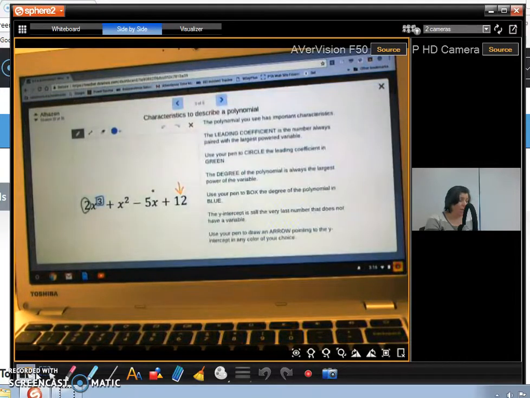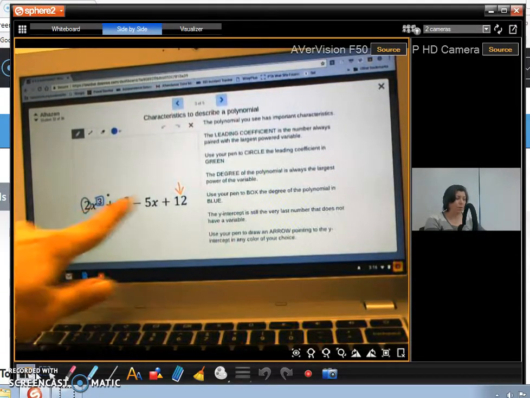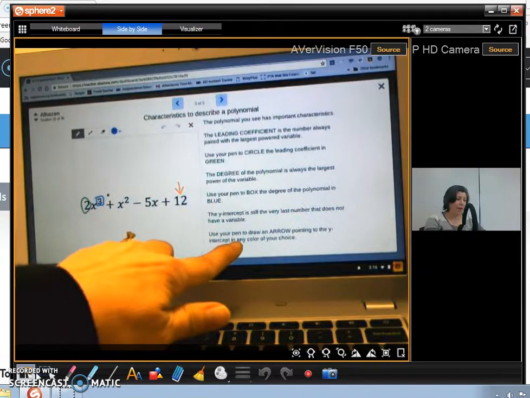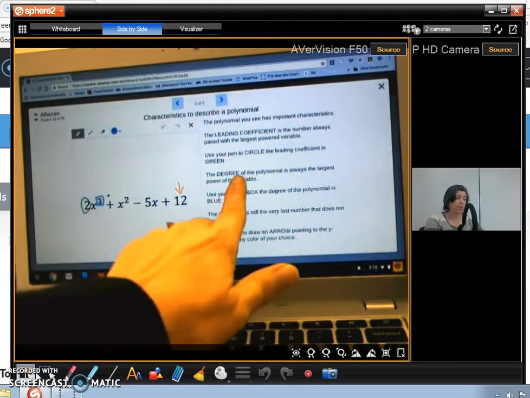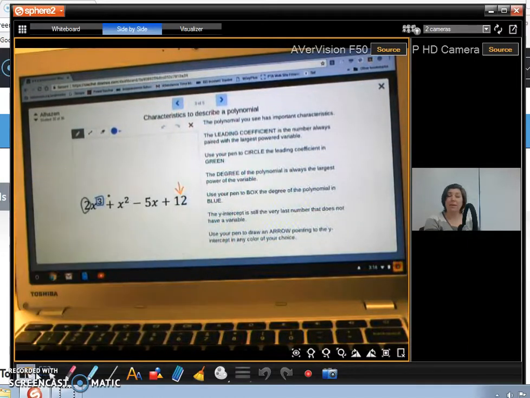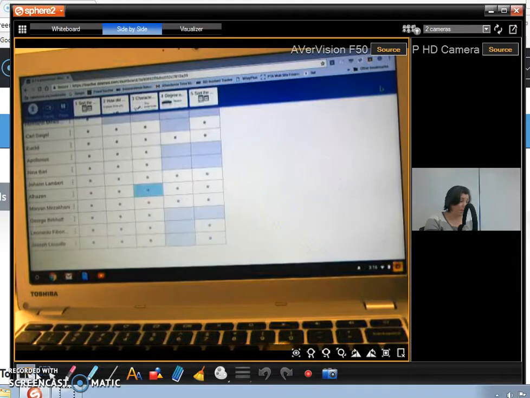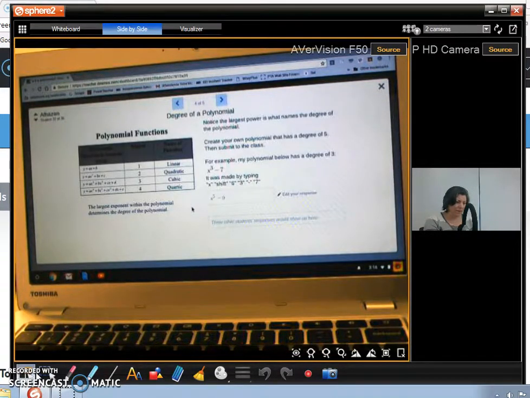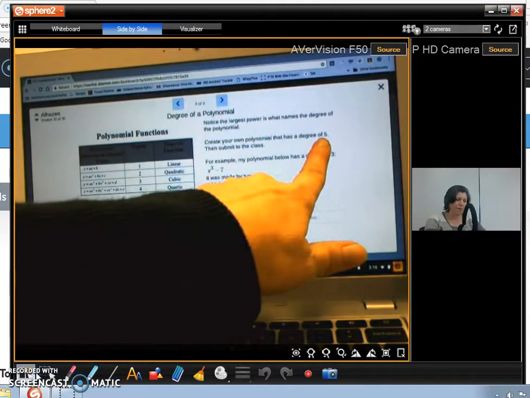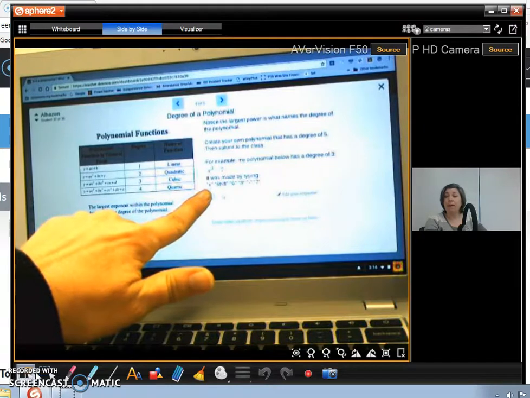Characters, let's see. Oh, look, green, blue, red. And I told them they could use any color, but at least they read and understand where to look. That's great. That worked. This one was asking them to type a polynomial with a degree of 5, and they had to learn how to type.